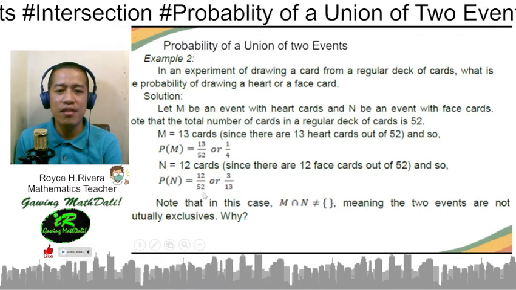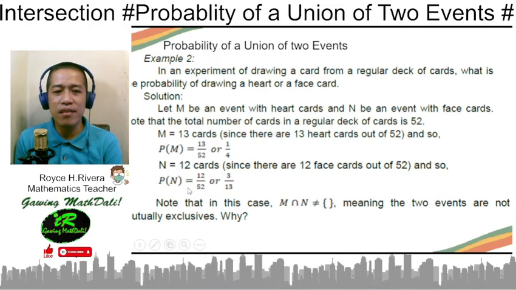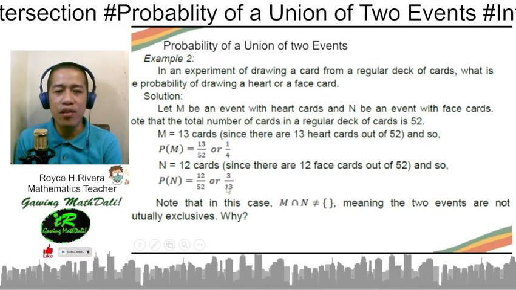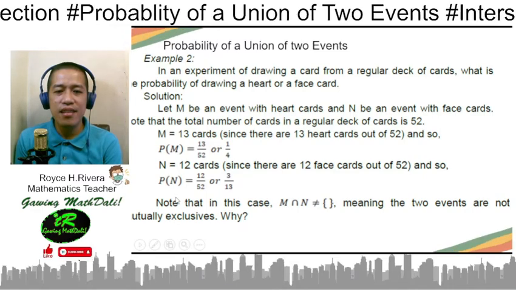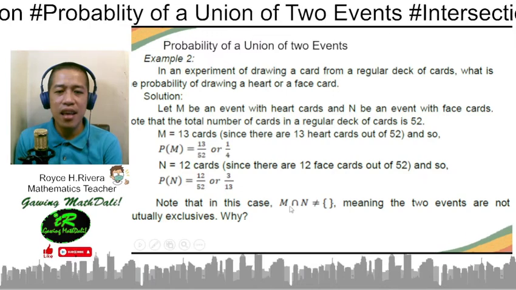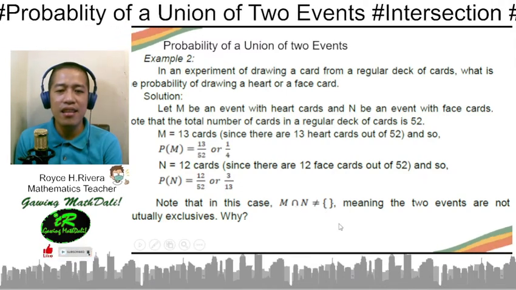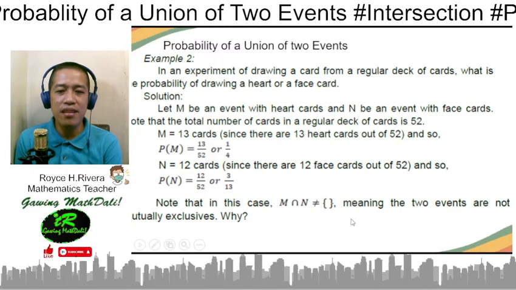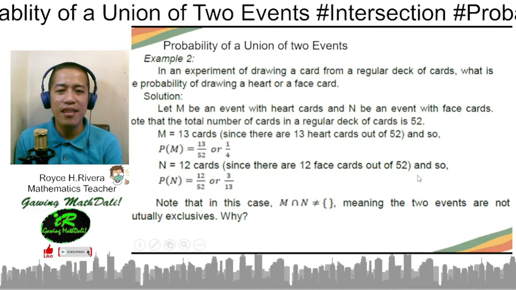And so, P of N is equal to 12 over 52 or 3 over 13. Note that in this case, M intersection N is not empty, meaning the two events are not mutually exclusive. The question is why?